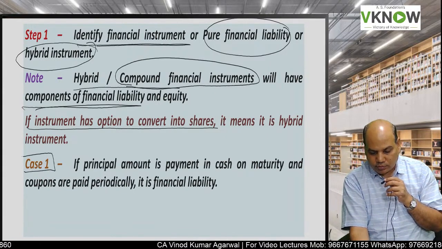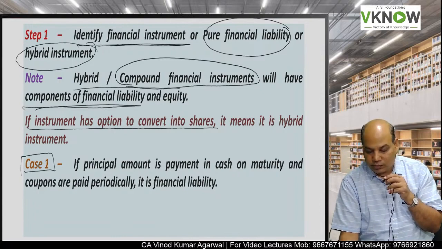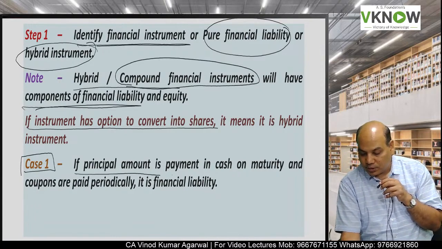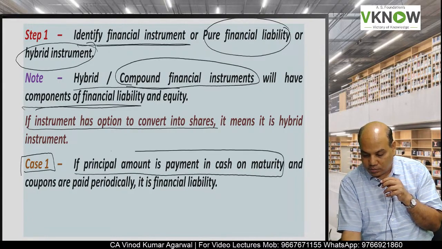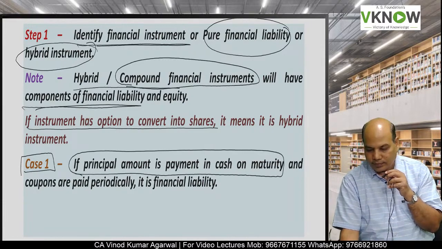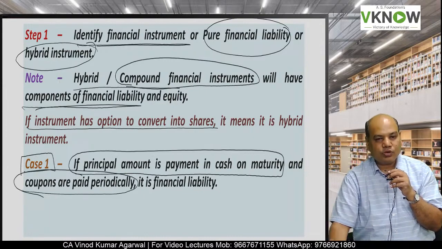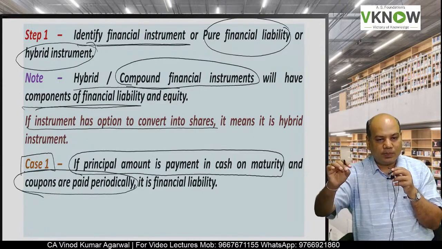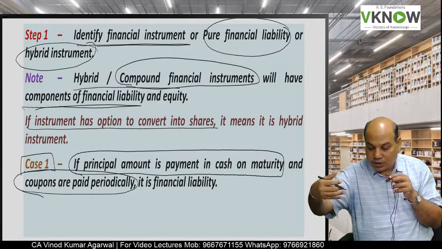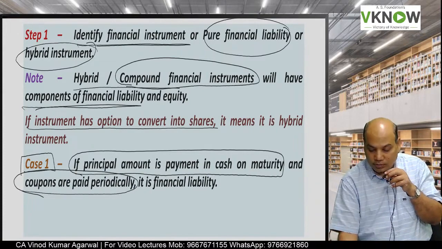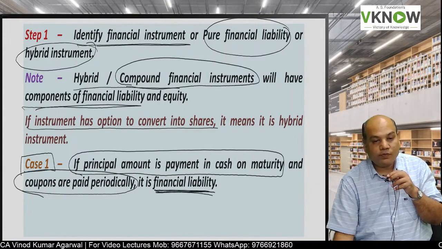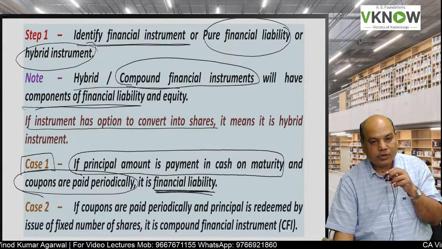Case 1: see what kind of question can be asked. If the principal amount is payable on maturity in cash and coupons are paid periodically, so there is only coupon payment and principal payment, but principal is paid in cash on maturity, then it is a pure financial liability.